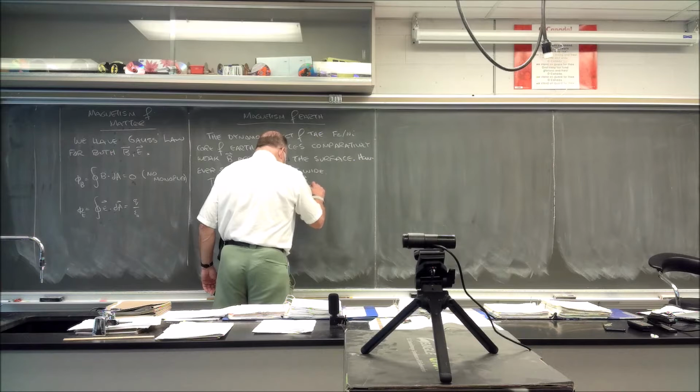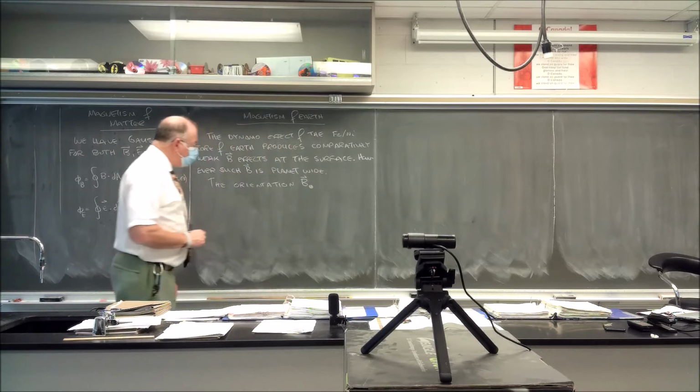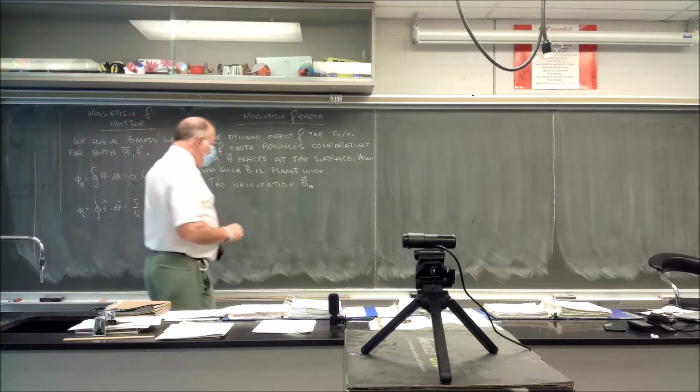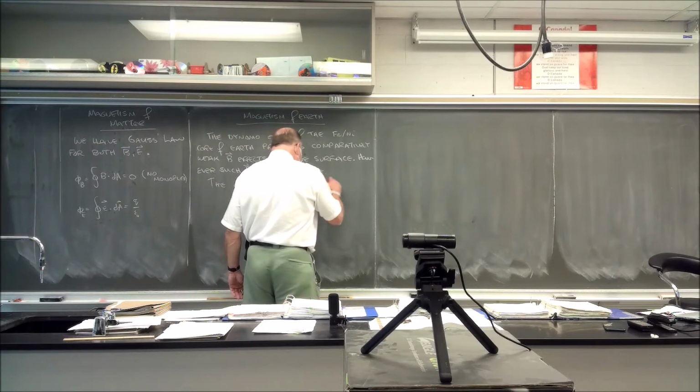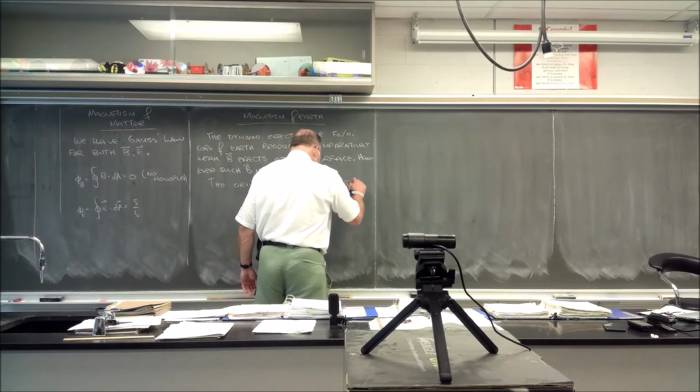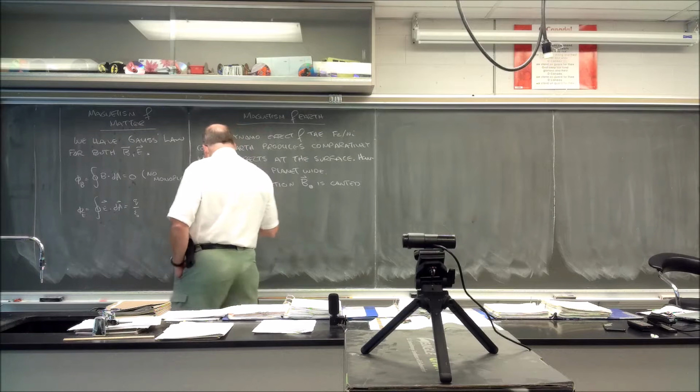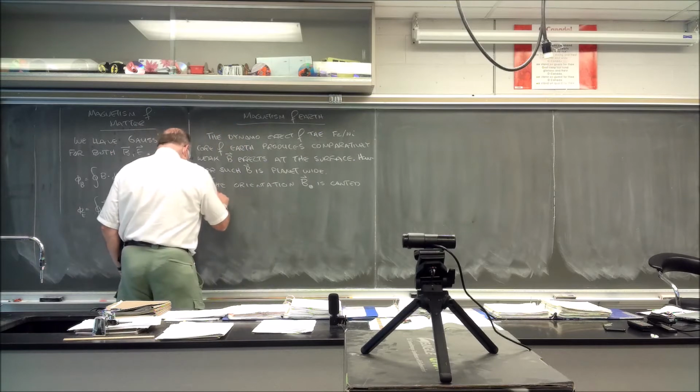So the symbol for Earth is a circle with a cross through it like that. So that's what that means. Is canted to the rotational axis.